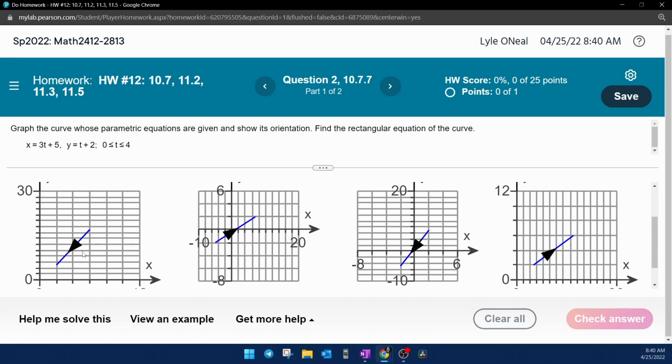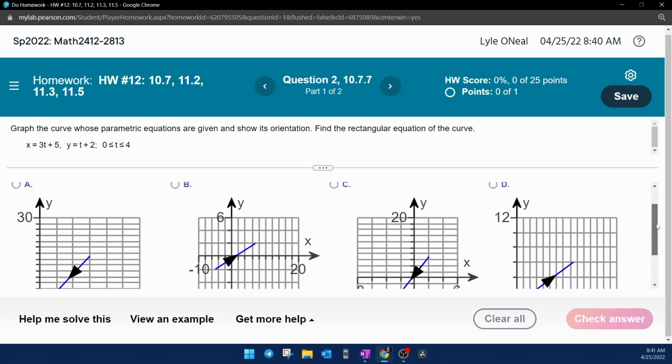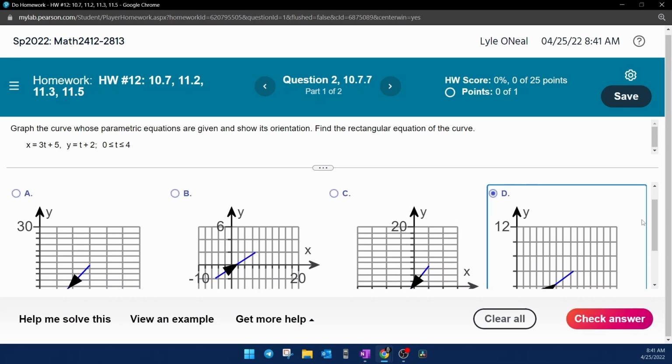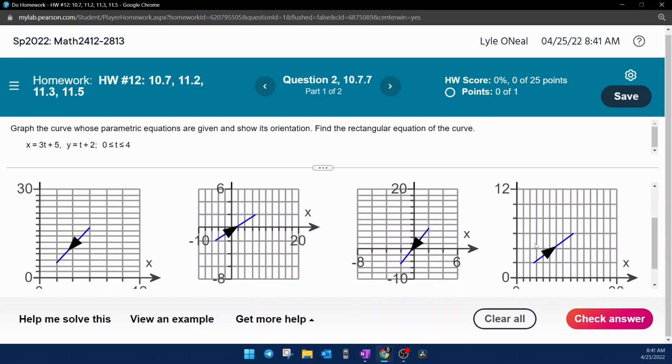Between A and D, D has the arrow pointing in the correct direction. Also, I think the scale is off on A. So it appears that answer choice D is the correct graph to represent these parametric equations.